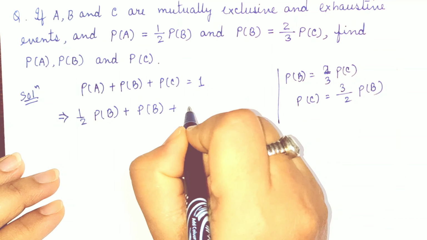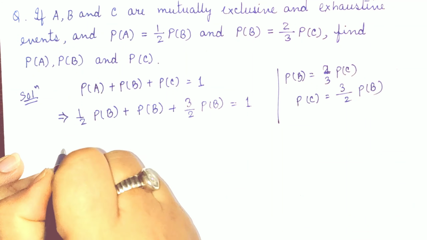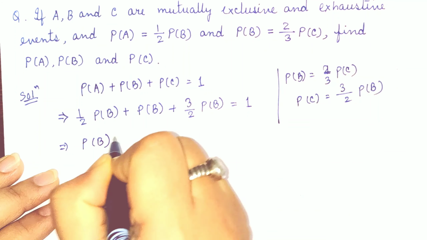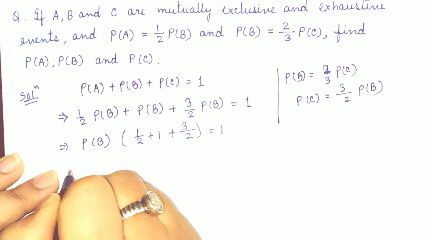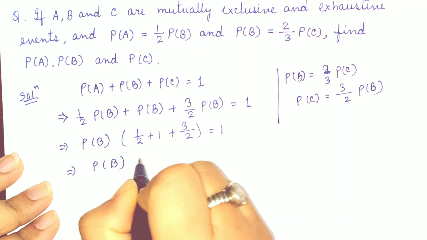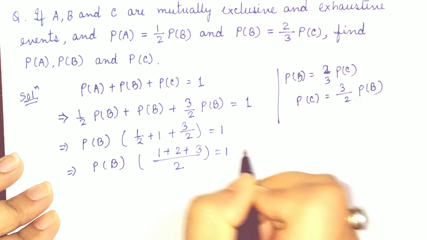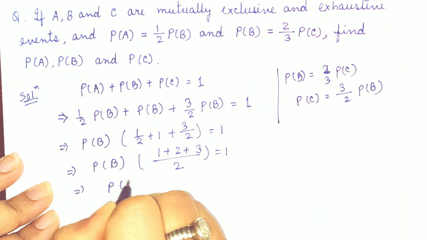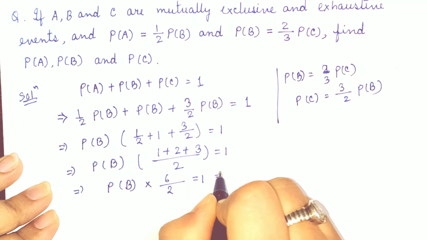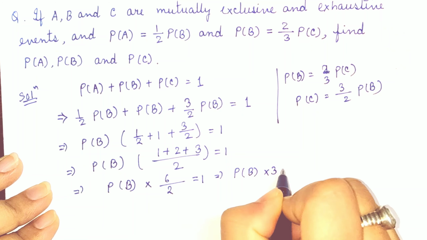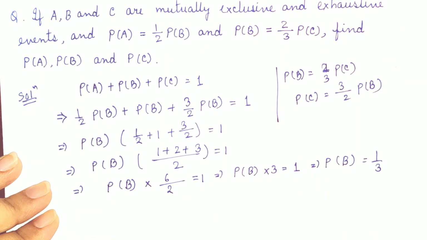In the place of P(C), we will write 3 by 2 P(B). Take P(B) common, then the value will be half plus 1 plus 3 by 2 equal to 1. Taking 2 as the LCM, 1 plus 2 plus 3 will give you 6 divided by 2, so P(B) into 3 is equal to 1, or P(B) is equal to 1 by 3.